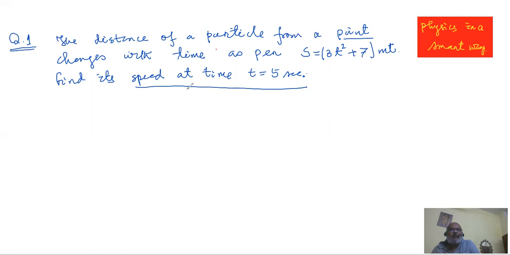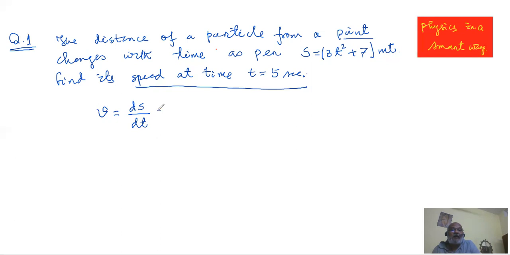So as you know, we are asked to find the instantaneous speed. Instantaneous speed, we had already discussed, that is given by the symbol v, and that is the rate of change of displacement with time, in differentiation form written as ds by dt.